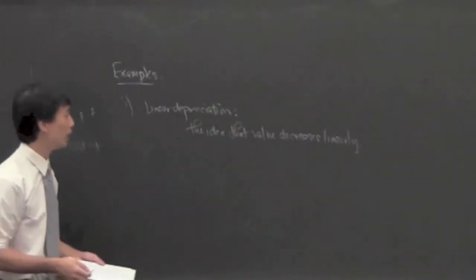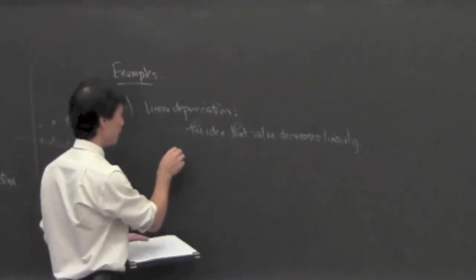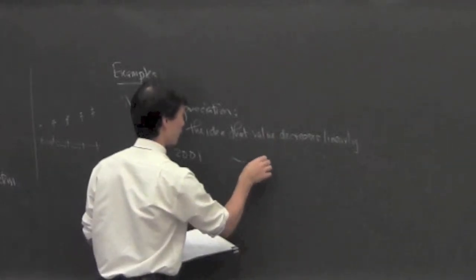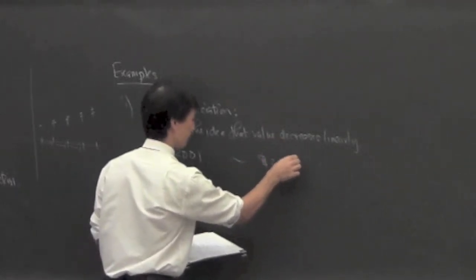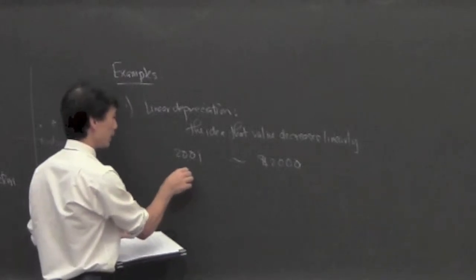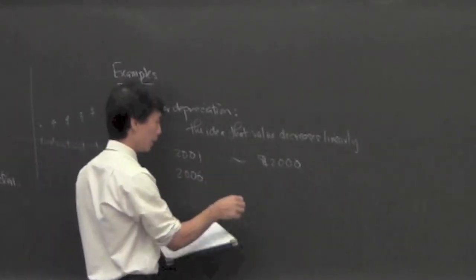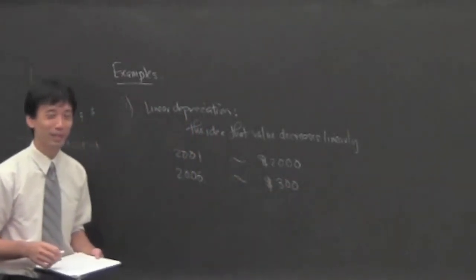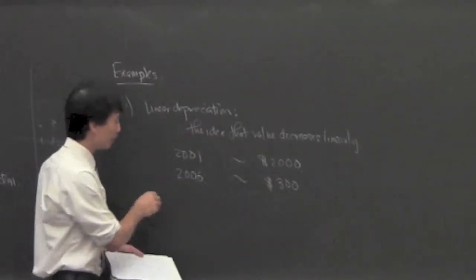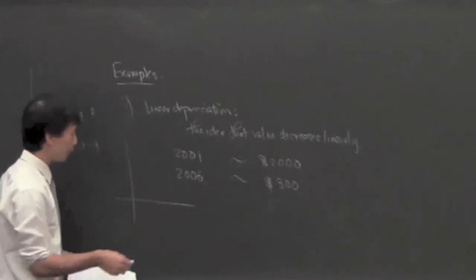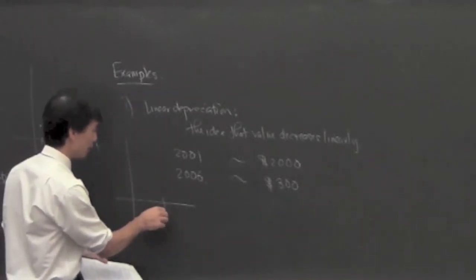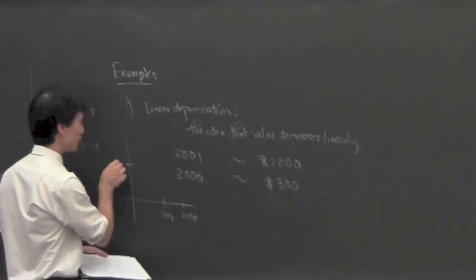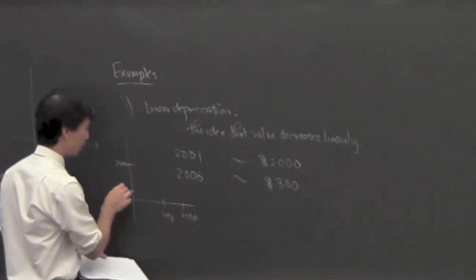So, for example, in 2001, I bought a computer. The computer cost about $2,000. And then in 2006, maybe the computer was worth around $300. Basically you assume, you probably know what this is, somebody says, well, how much was the computer worth at some point in between 2001 and 2006?